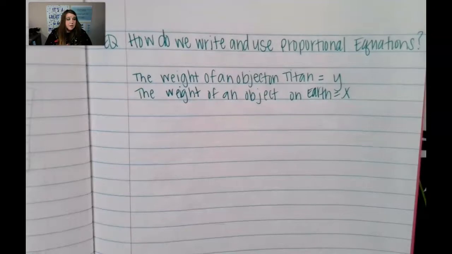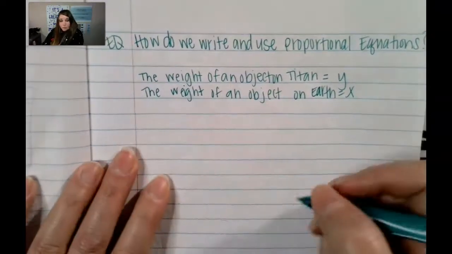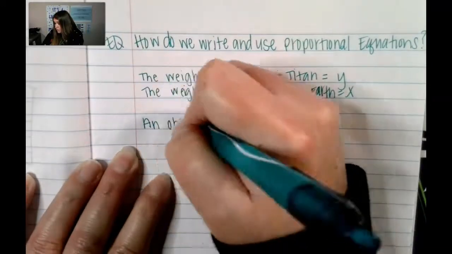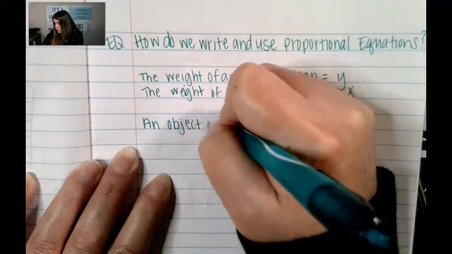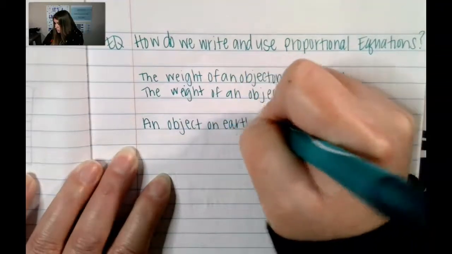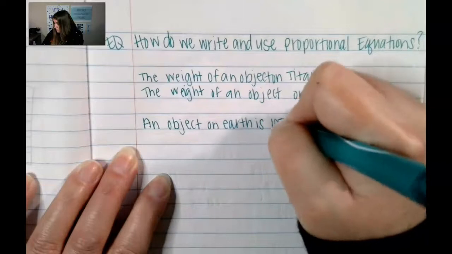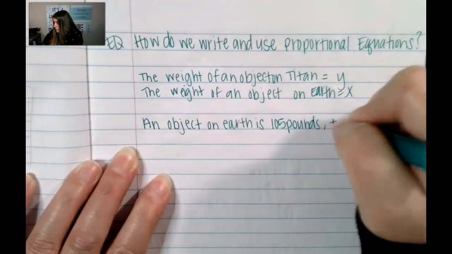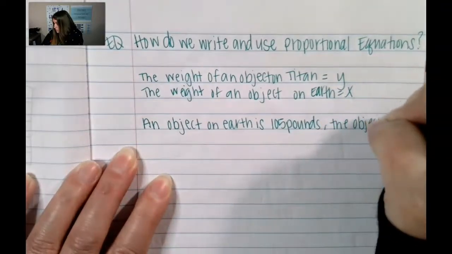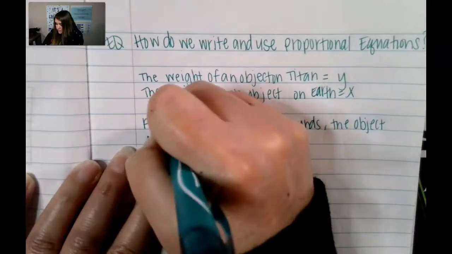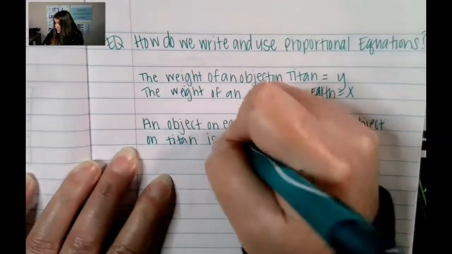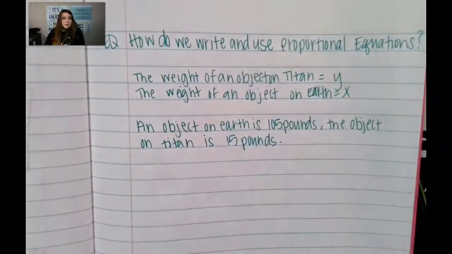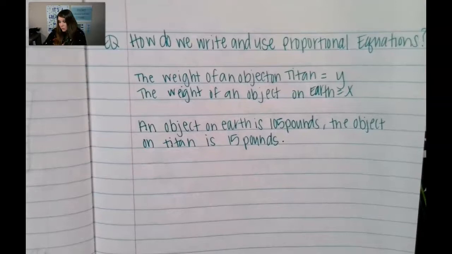They then tell us that an object weighs 105 pounds on Earth. So we have something and it weighs 105 on Earth. The object on Titan is 15 pounds.